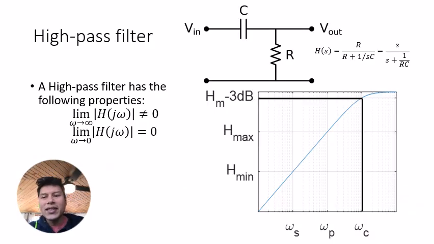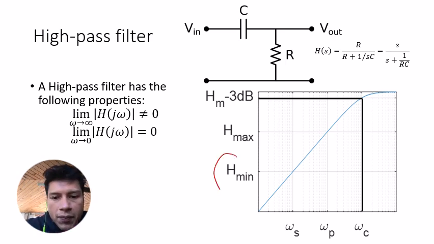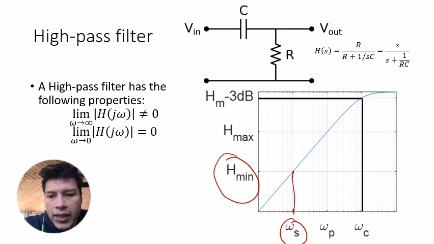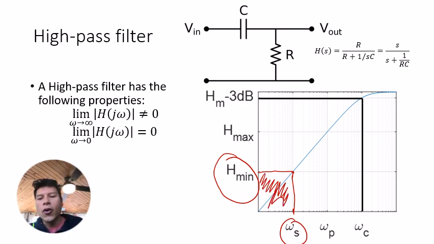Okay, so just like in the low pass filter lecture, we have our high pass filter design, and we're going to have 4 parameters associated with them. H min, and then we have omega stop. Now for the high pass filter, we need all the responses to be smaller than H min for omega less than omega s.